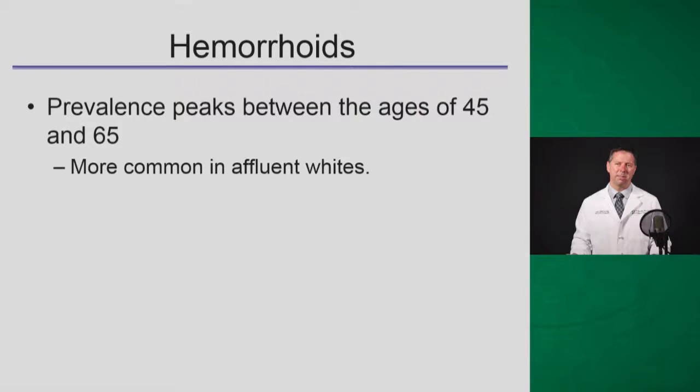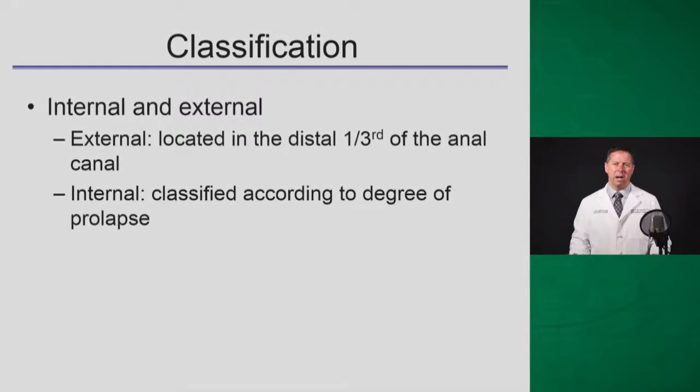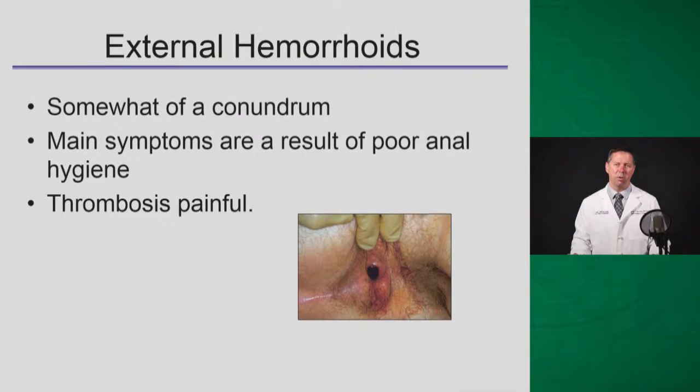The prevalence of symptoms peaks between the ages of 45 and 65, and they're more common in affluent whites. They're classified as internal and external, with external hemorrhoids located in the distal third of the anal canal, and internal hemorrhoids classified according to the degree of prolapse.